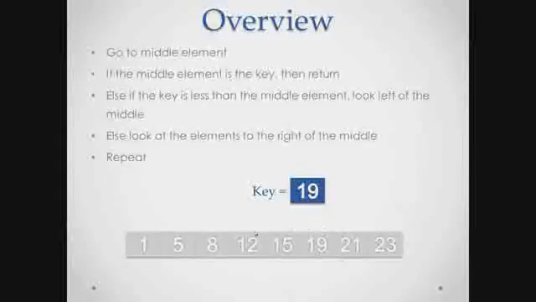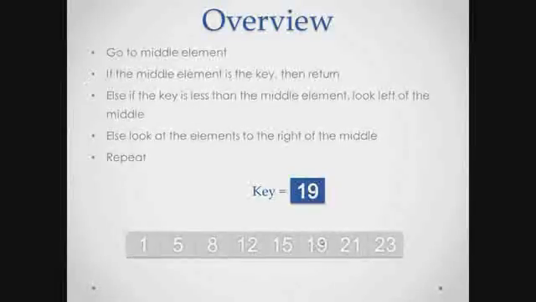We're only looking at these elements. So now we just need to find the middle element of these four elements right here. And the middle element of these four is 19. So is 19 our key? Yes, it is. So we just stop right there and return the index that 19 is at.